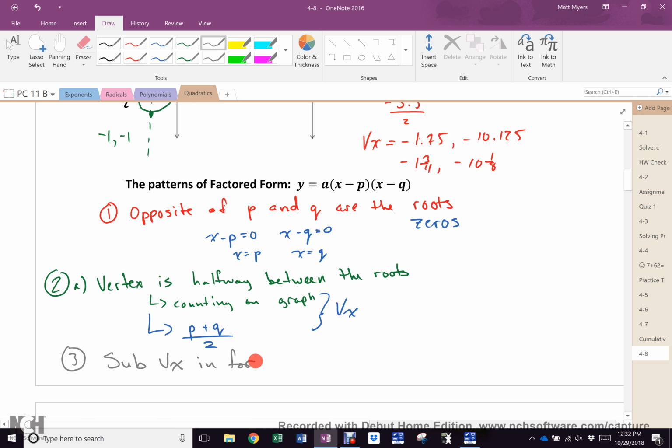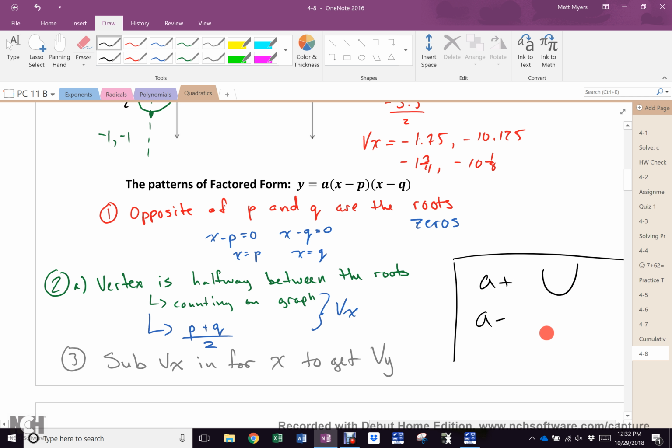In the original equation. In for X to get vertex Y. And what's the thing I got to remember always? A positive, what kind of parabola is it? Up. A negative, what kind of parabola is it? Opens down. Is everybody good?